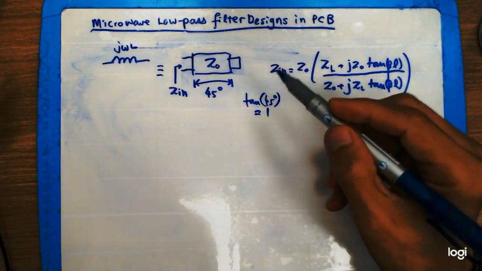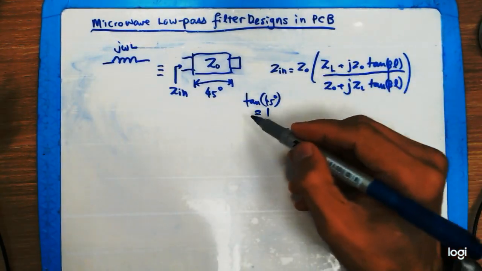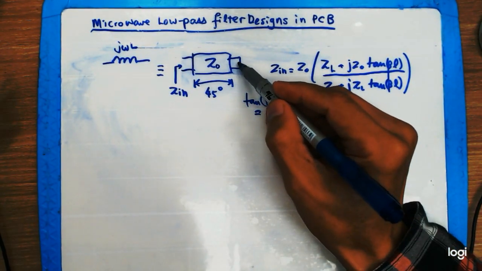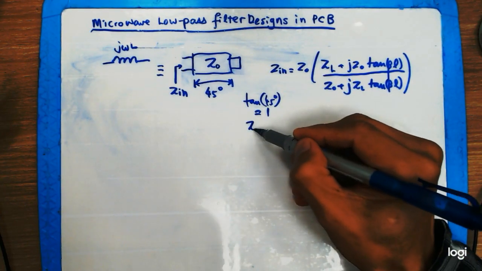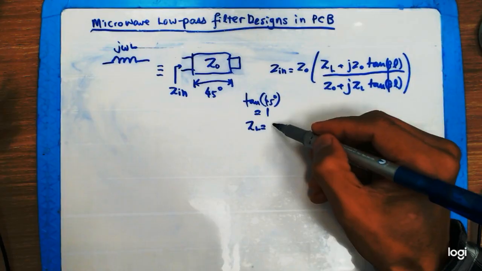And when the load is a short circuit and the output is a short circuit, this means ZL is equal to 0.